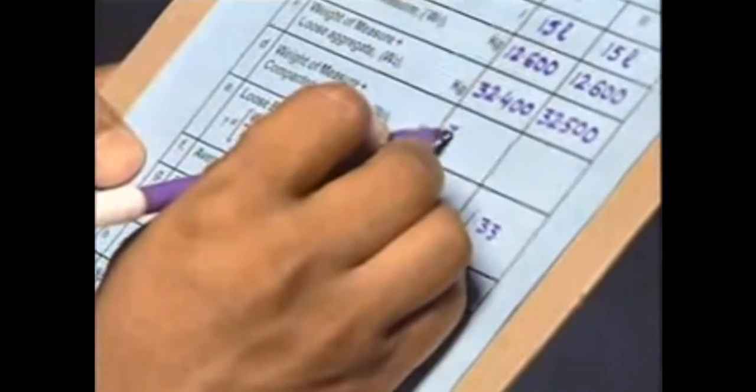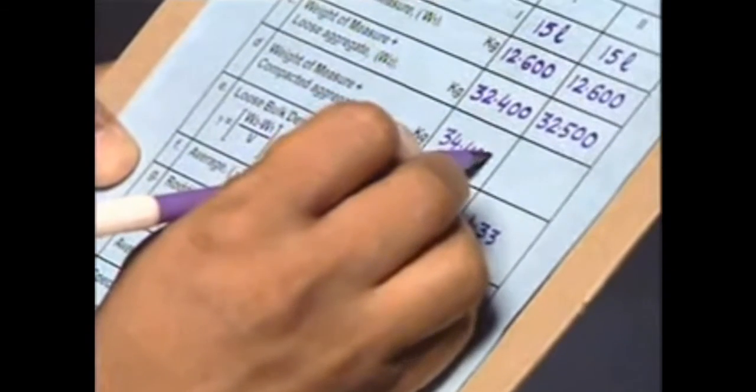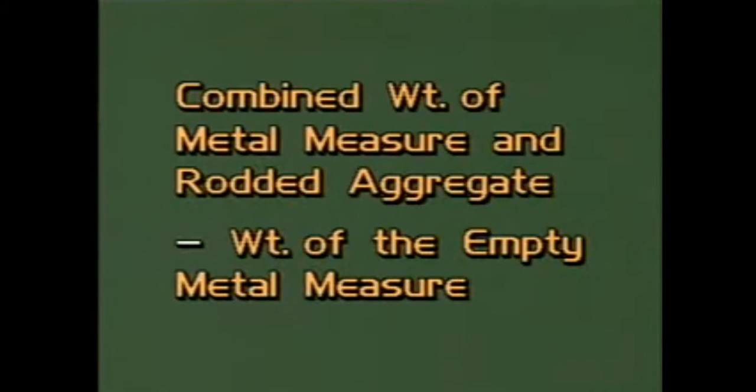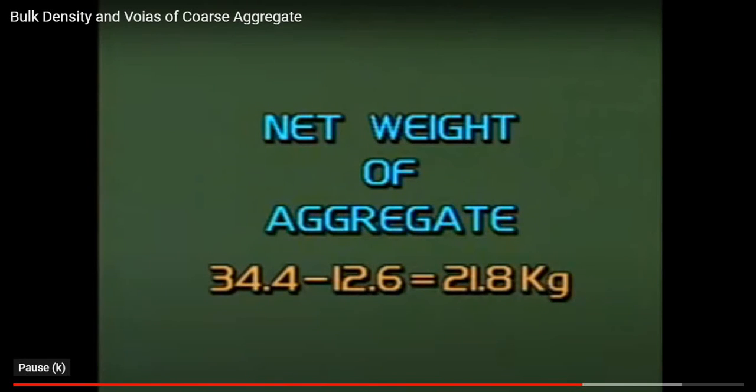Record this weight in the observation sheet. The net weight of the aggregate in the measure is determined by subtracting the weight of the empty metal measure from the combined weight of the metal measure and rodded aggregate. Net weight of the aggregate shall be equal to 34.4 minus 12.6, which is equal to 21.8 kilograms.